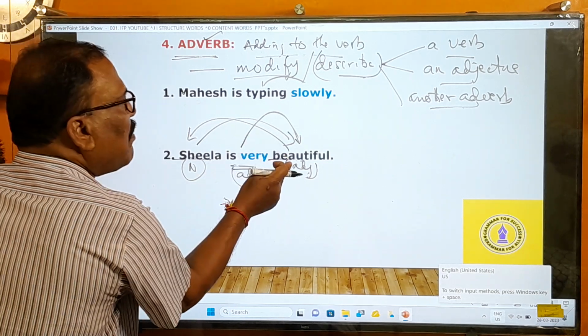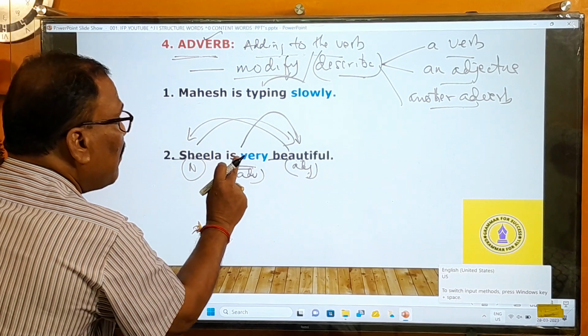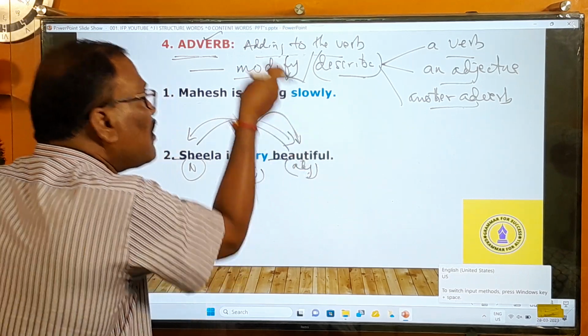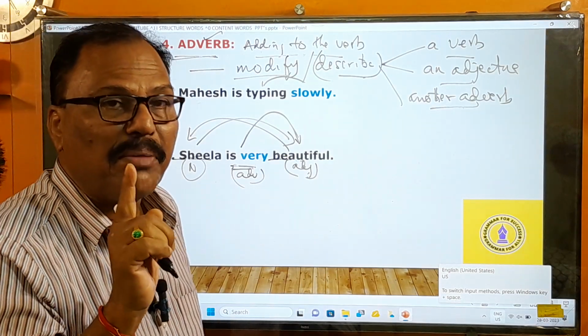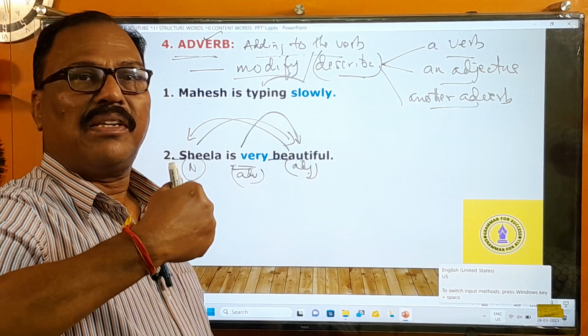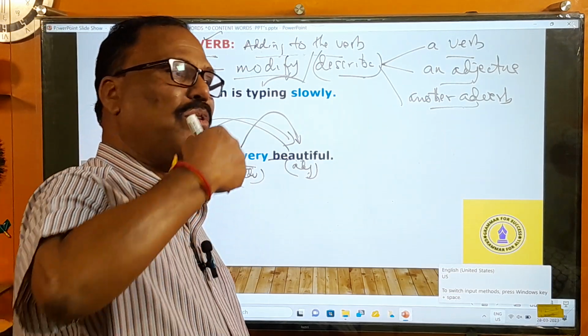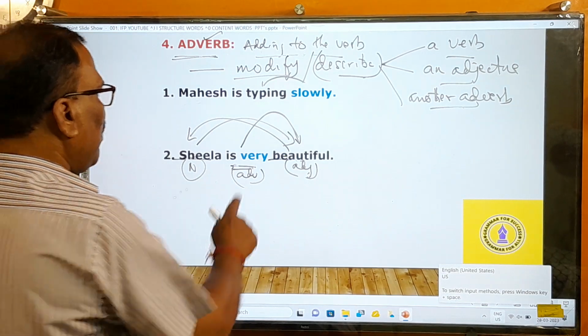Here, this very is describing this beautiful. How beautiful? Very beautiful. Only an adverb can describe an adjective. It has that caliber to describe an adjective, right?